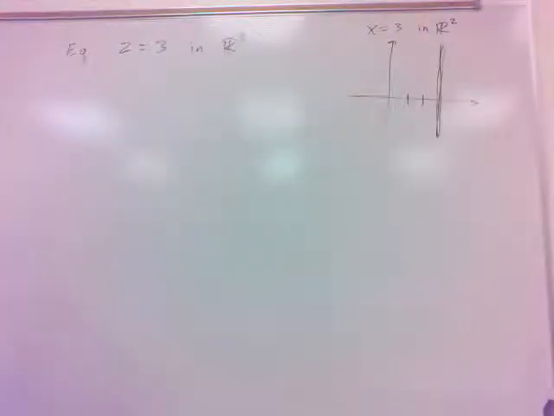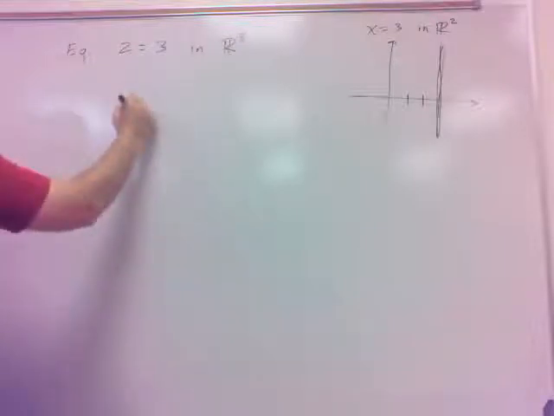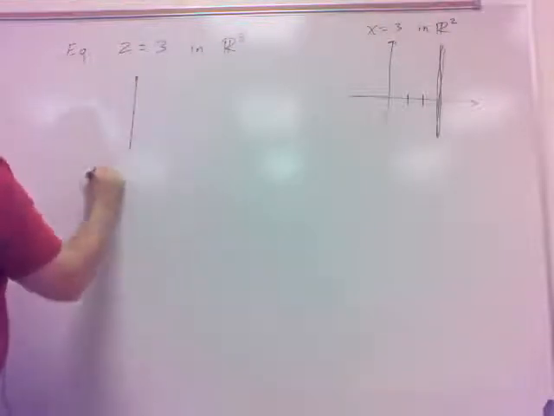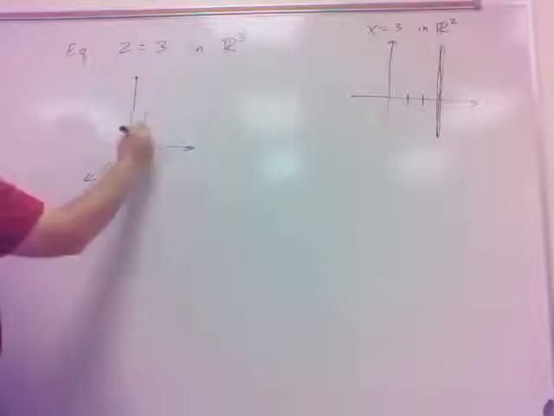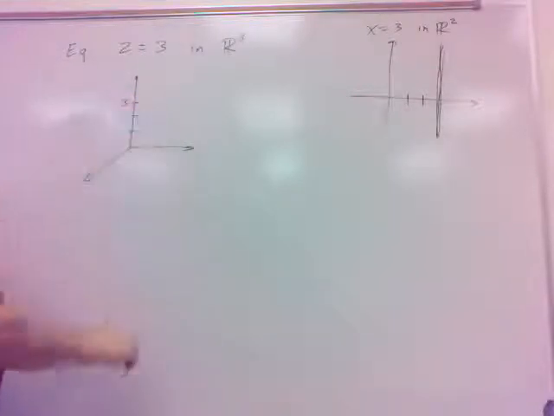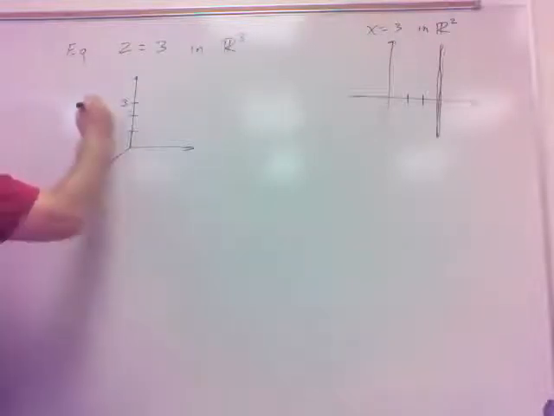Well, z equals 3. They do kind of all line up, except now we've got 3 dimensions. And so if you think about it, all those points that are z equals 3 would be a plane, that's right.